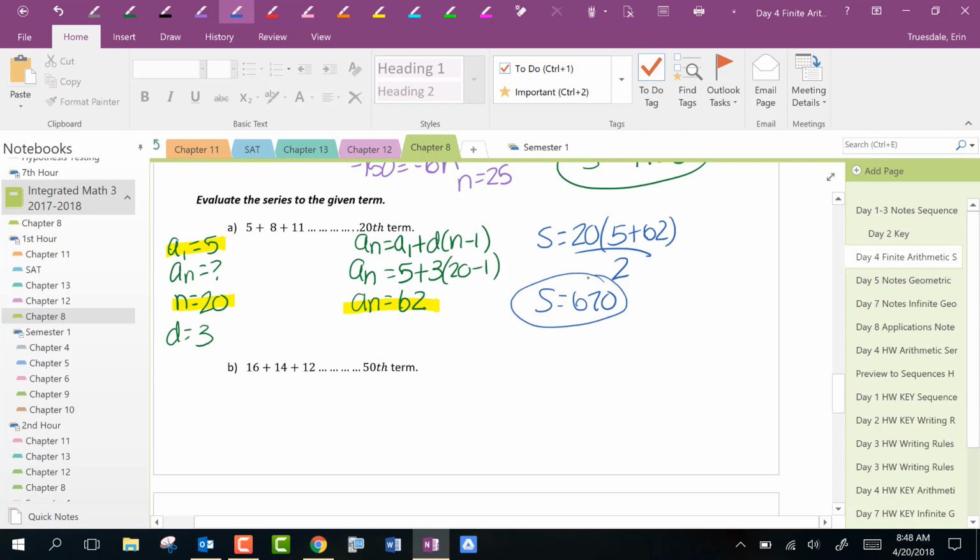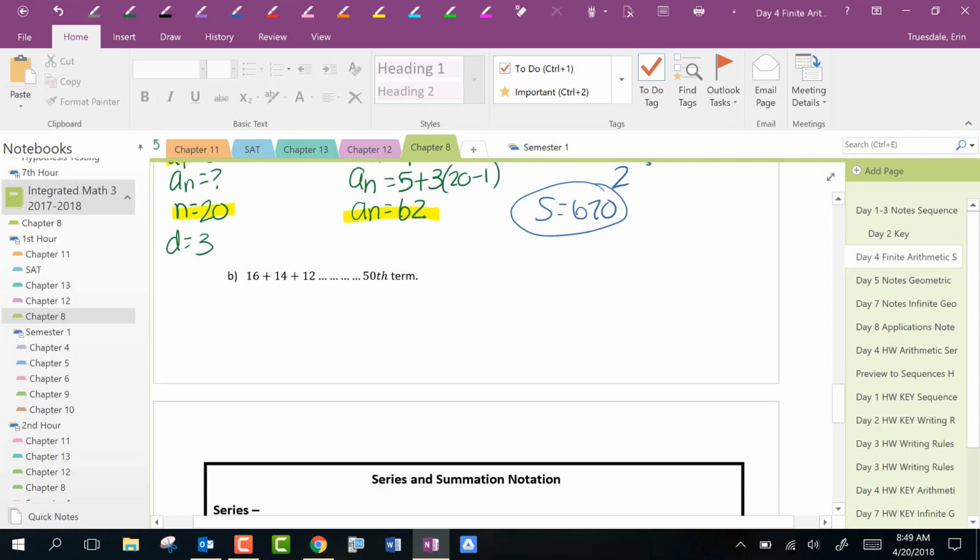Because there's a non-calculator part of the SAT, I just like to mention things like this for you. This might look complicated to do in your head, but 20 divided by 2 is 10, and then you just have to do 10 times 67 and get 670. So that one wasn't too complicated to do without a calculator.